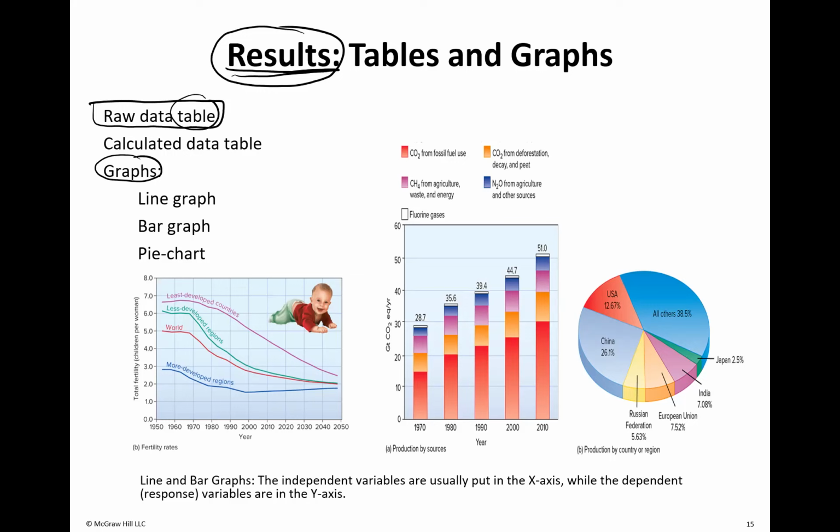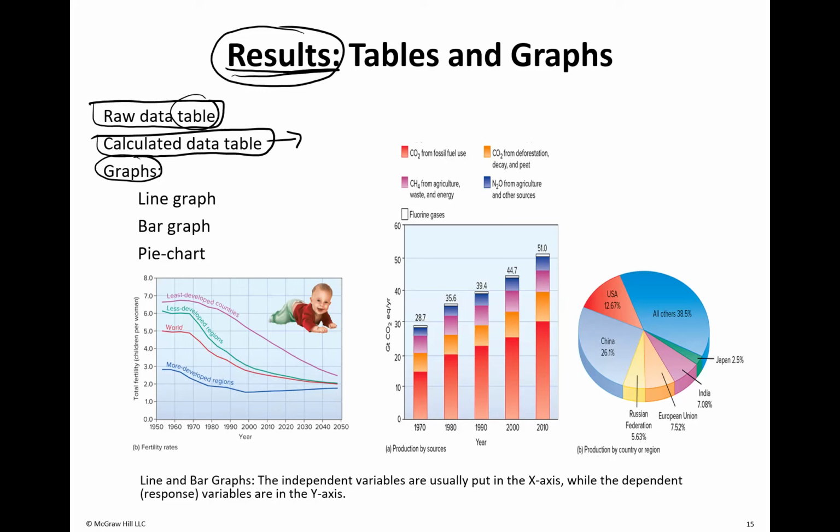The raw data is everything that comes from the experimentations. From this raw data, we can then calculate the calculated data. For example, the scientists will calculate the average, and so on. This is usually the one presented in the report, the calculated data.